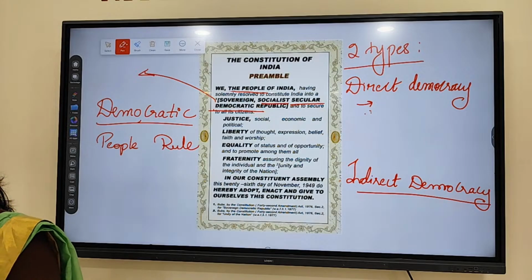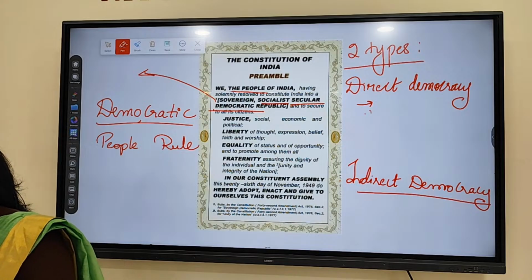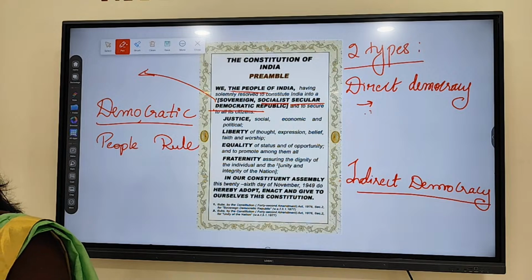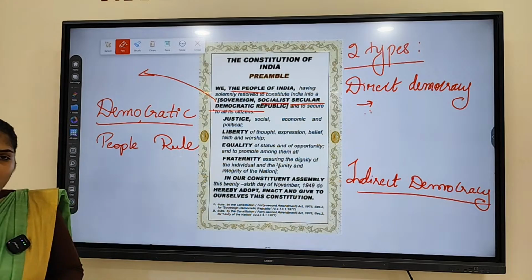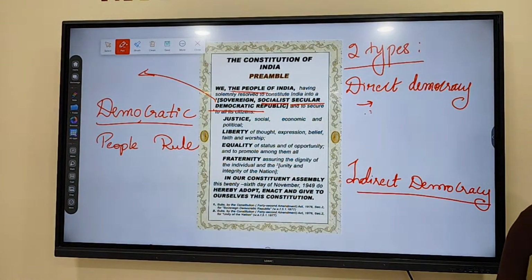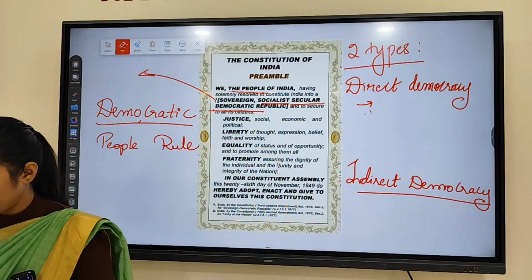Write down. The representatives elected by the people exercise the supreme power and carry on the government and make the laws.